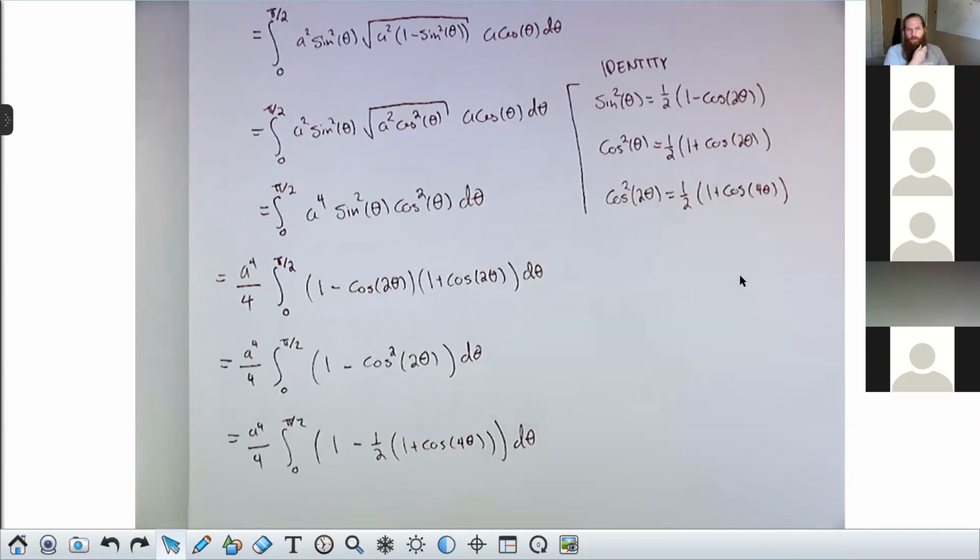And you need to be very careful with your parentheses. I'll distribute this 1/2 and this minus sign to the 1 and to the cosine. I can't pop them out because this doesn't have a 1/2. I can't combine these directly because order of operations.